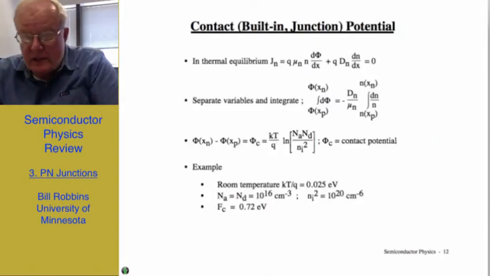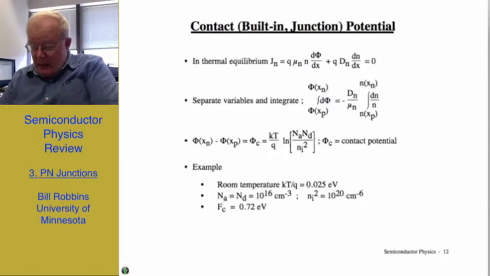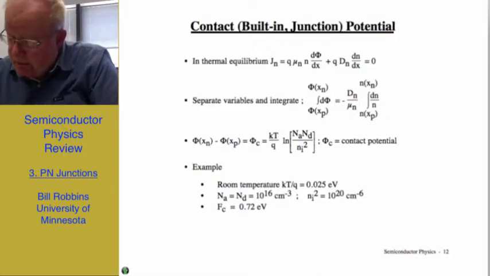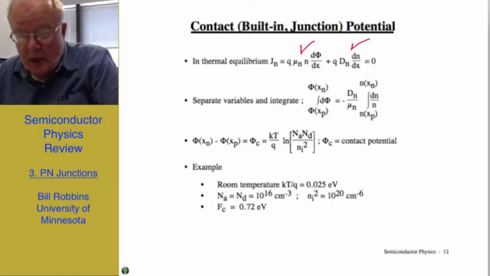So what we do is the following. I can describe the contact potential and estimate its magnitude in the following way. In thermal equilibrium, the total electron current density has to be zero. It's composed of a drift term and a diffusion term. If I take that equation and separate the variables, on the left-hand side, I have just the contact potential as a function of position.